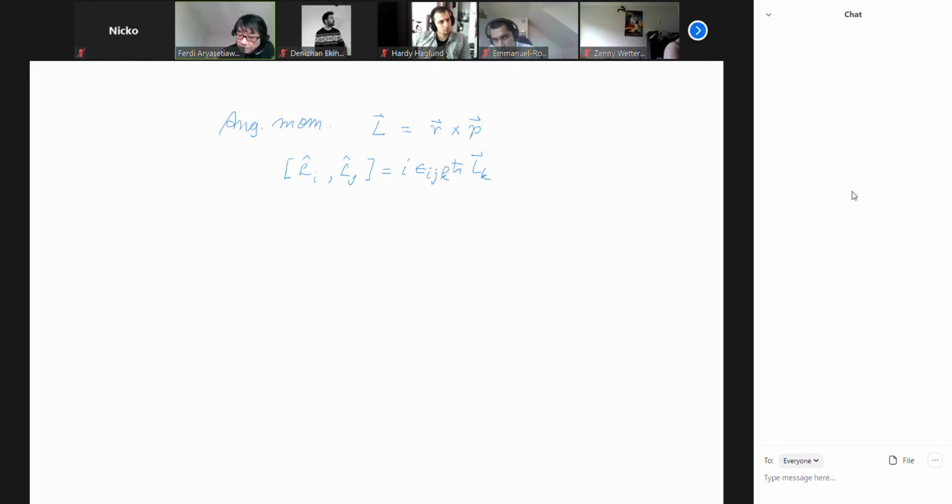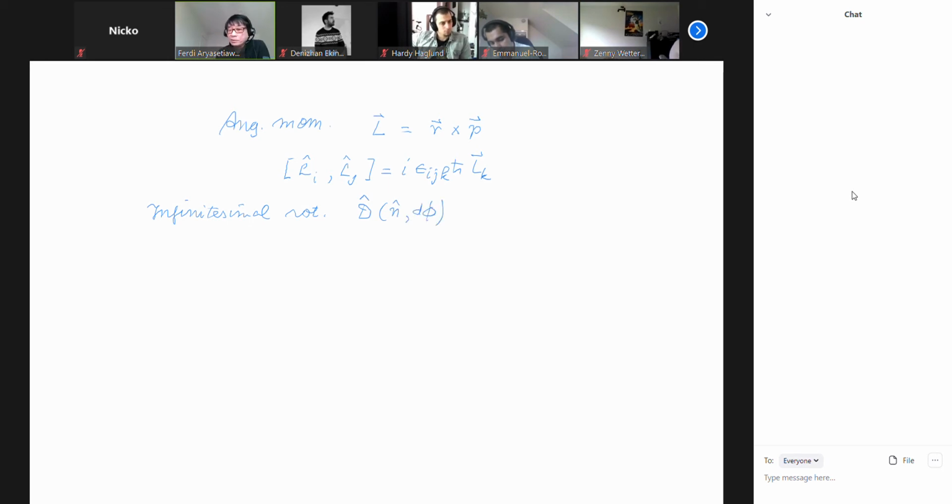So the infinitesimal rotation. You have an operator like this, and you have some axis n and some angle dφ.